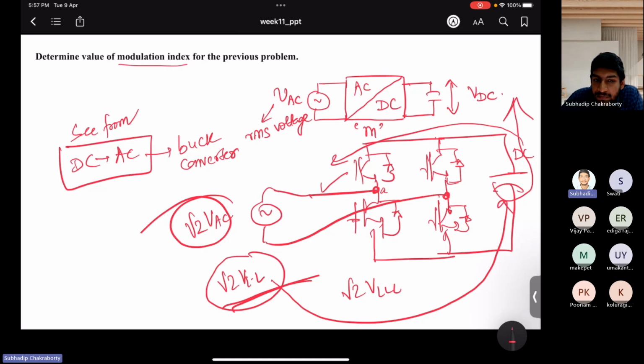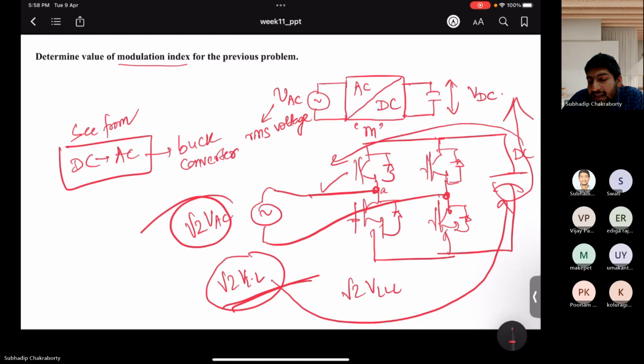Will the inverter be able to form an AC voltage of amplitude √2 V line to line, or whatever is the peak amplitude of the AC voltage? If I maintain a DC link voltage lower than that, will the switching go on for a longer duration? Then can you maintain that voltage?